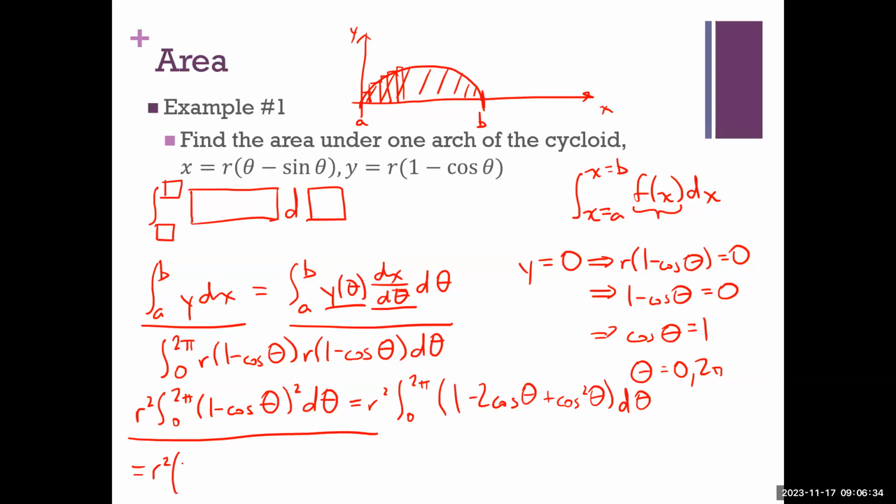If we take it term by term, what's the antiderivative of 1? Theta. And then 2 cosine theta should be negative 2 sine theta, right? It's been a while, but how do we handle this cosine squared?